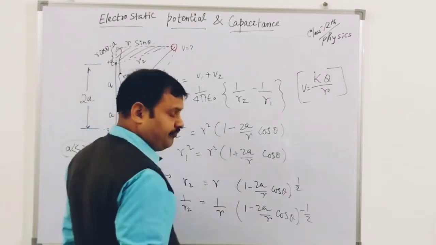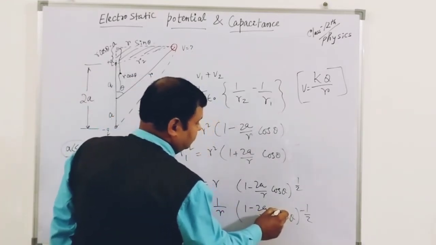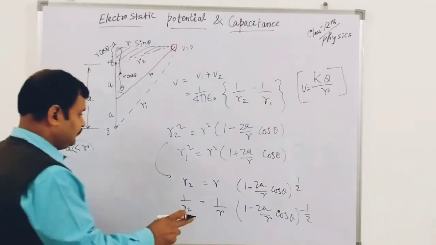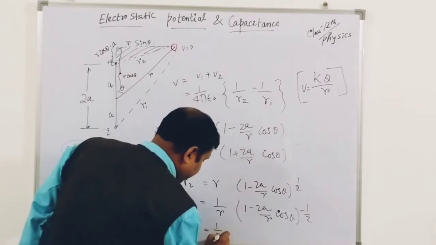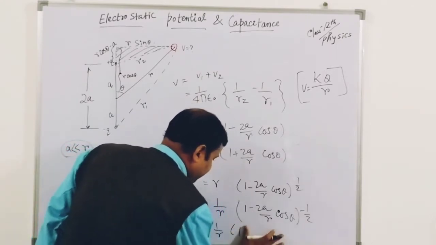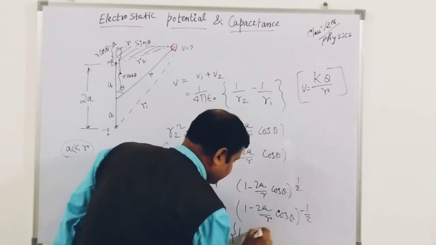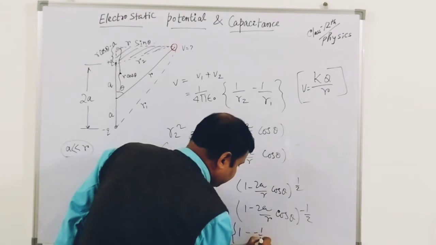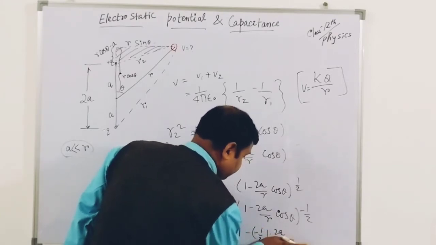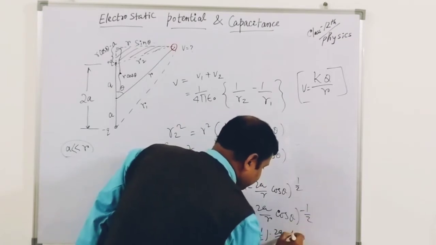So from the binomial theorem, which you have already learned in mathematics in class 11, this will become 1 by r and 1, then this is minus half, and this is 2a by r, the first term. The very first term will be as it is.